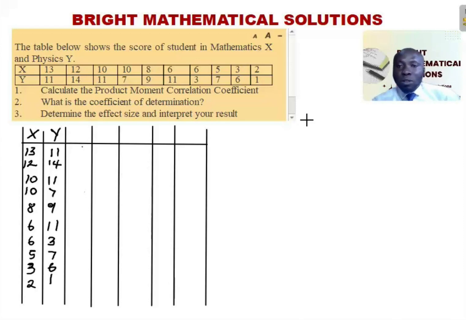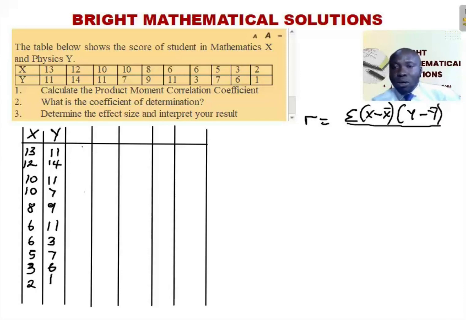Now, to make our work easier, let us first write the formula for finding the Pearson product moment correlation, which is denoted as r equals the summation of (X minus X bar) times (Y minus Y bar), all over the square root of the summation of (X minus X bar) raised to power 2, and the summation of (Y minus Y bar) raised to the power of 2.